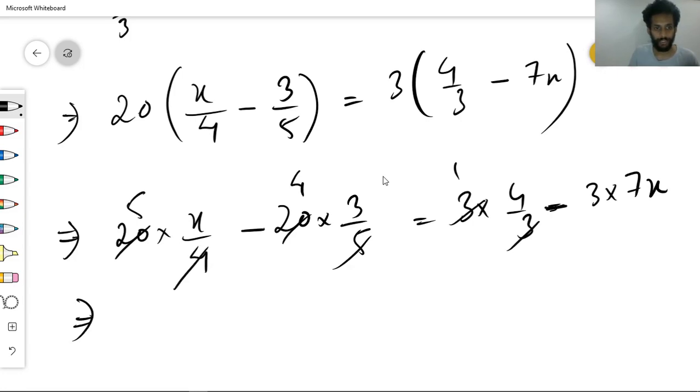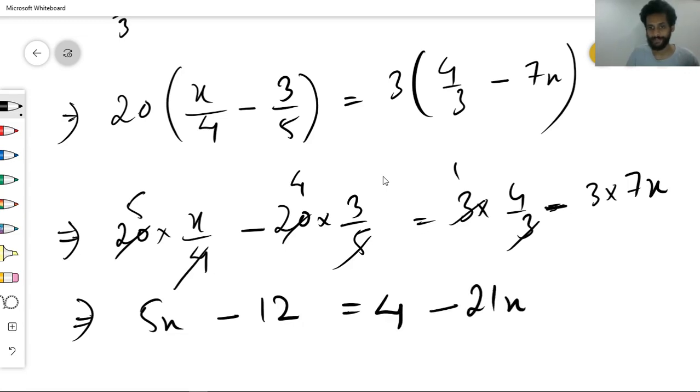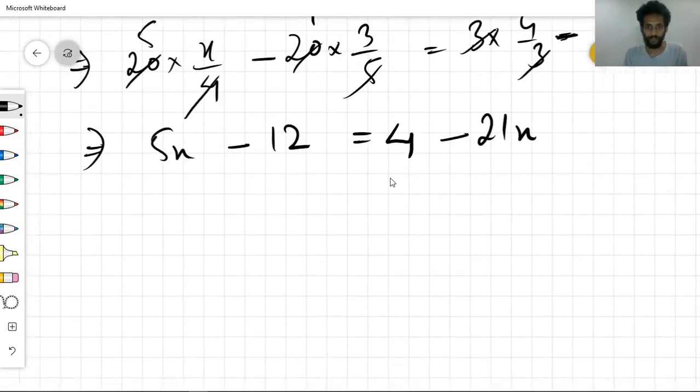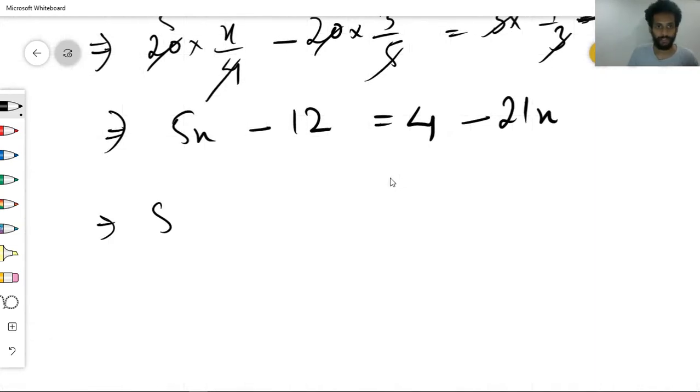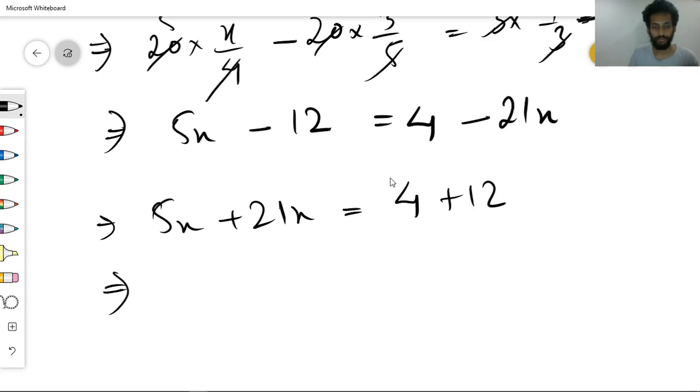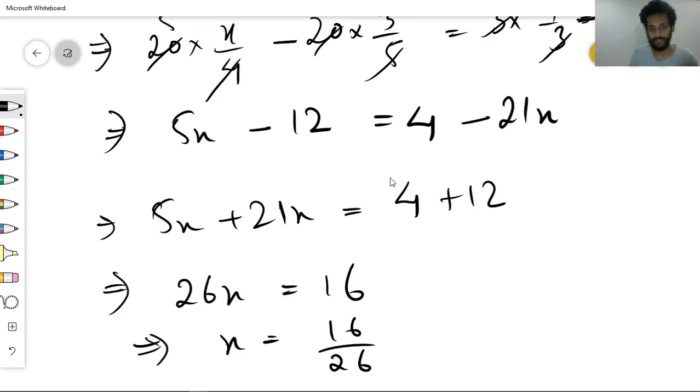So now here it will be 5x minus 12, 3 4s are 12, there it will be 4, here it will be 21x. Now just we have to arrange it. This will be 5x, 21x will be coming this side, plus 21x. Here already 4 is there, this 12 will be coming here, so it will be plus 12. So now here it will be 26x, here it will be 16. So value of x will be 16 divided by 26.